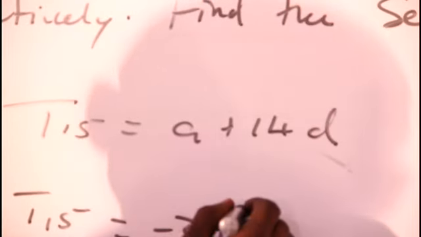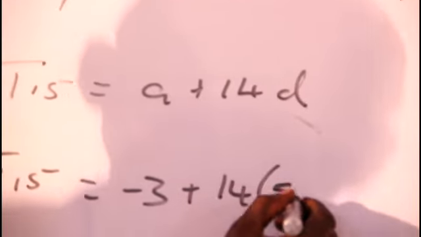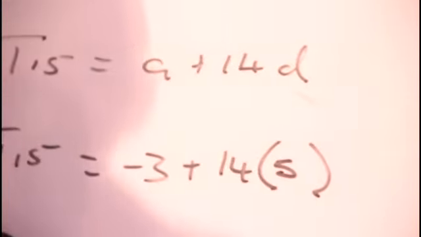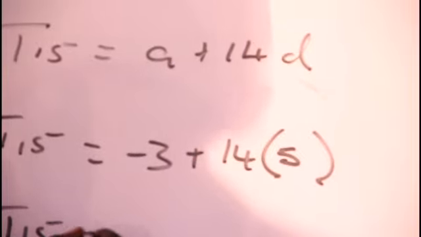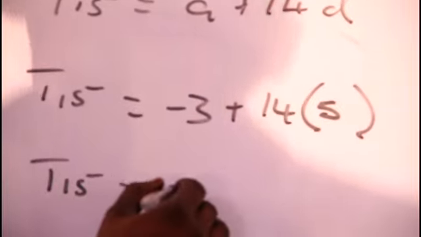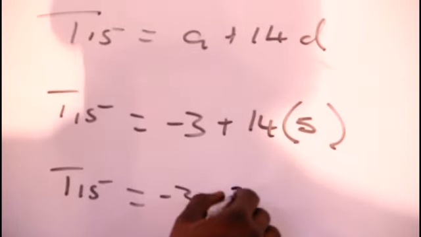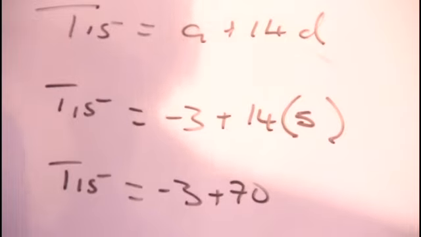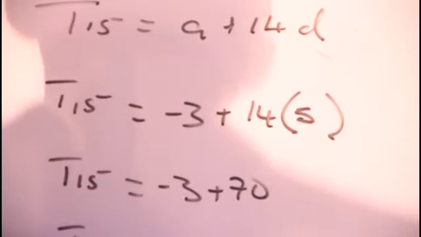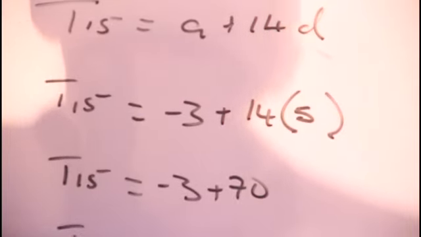Our A is already given as minus 3, then plus 14 into our D, which is 5. So that will now be T15 will be what? Minus 3, 14 times 5, that will be plus 70. So T15 will be equal to 67. That's all.